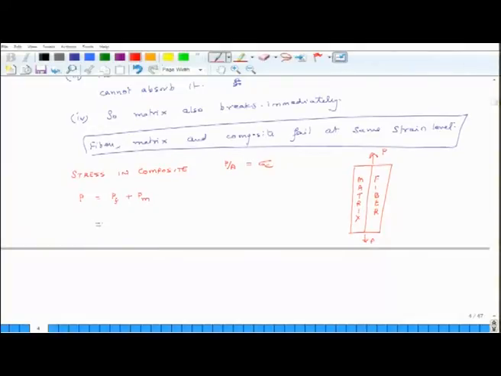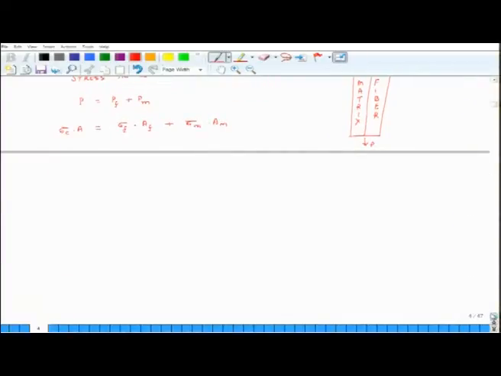Now, what is the load shared by fiber? This will be equal to sigma F times AF plus load shared by matrix, which is sigma M times AM. And this is equal to sigma C times A. Now, this is the general relation before anything is breaking.